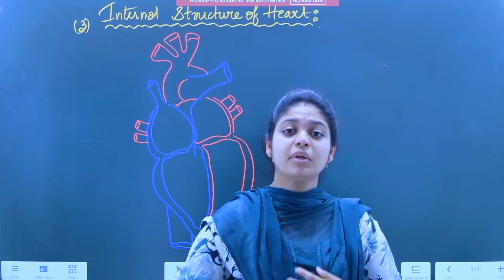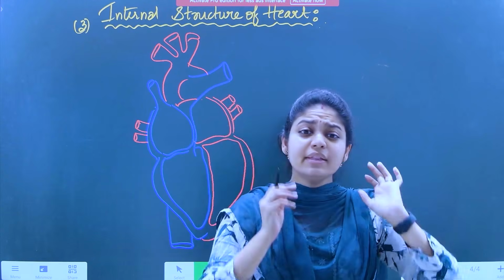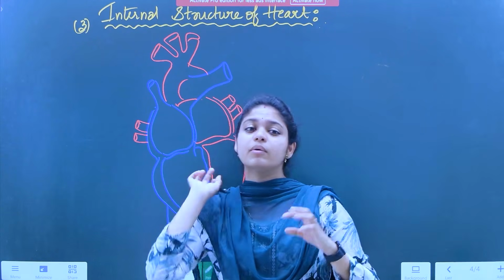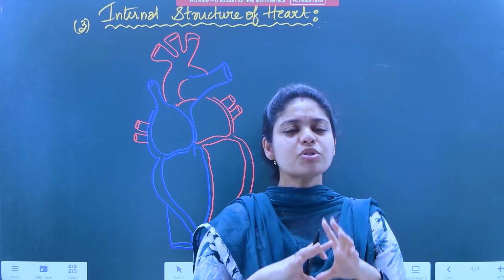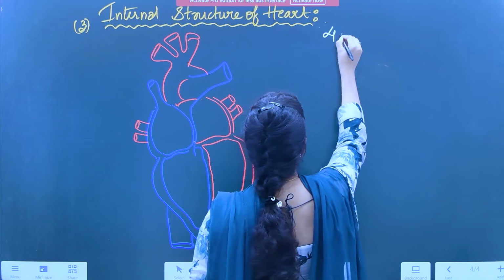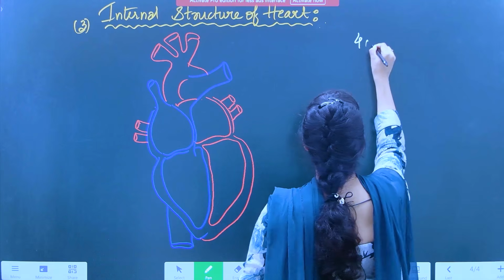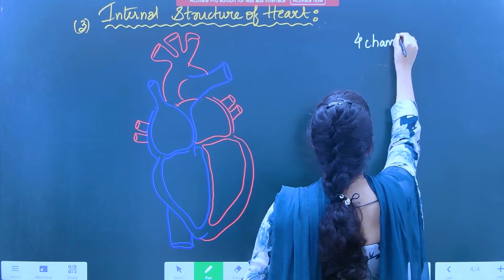Now see, we talked about the outermost protective layer, and then we also talked about the wall of the heart. Coming to the internal structure, the heart has four chambers.